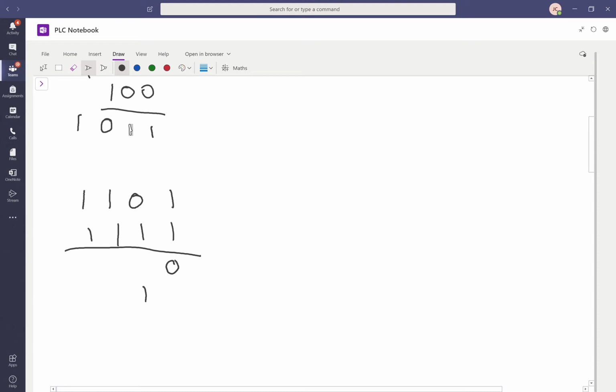Let's add these up. 0 plus 1 plus 1. Well, we basically got 1 plus 1, which is 2 again, so we put down the 0, carry that 1 there. Now this time we've got our condition where we have 1 plus 1 plus 1. Now we know that's 3. So 3 is 1, 1. So we put a 1 here, and we'll carry this 1 down here. Okay, and then lastly we have 1 plus 1 plus 1, which again is 3.